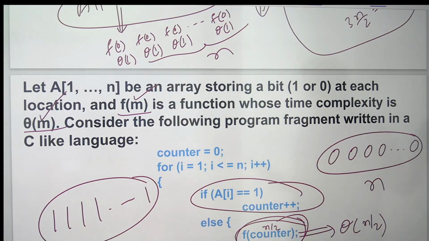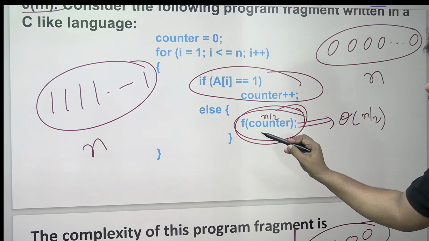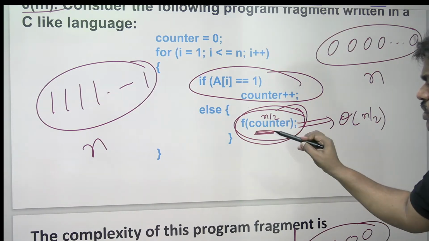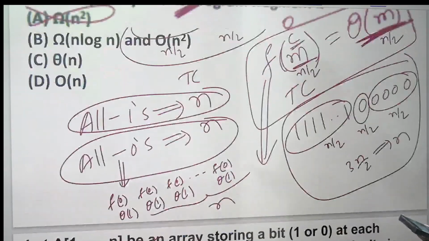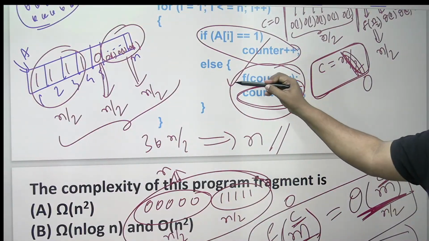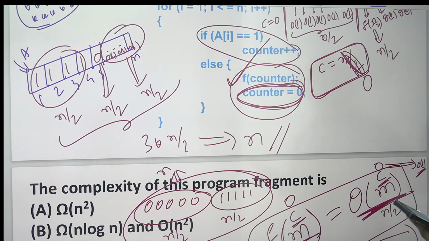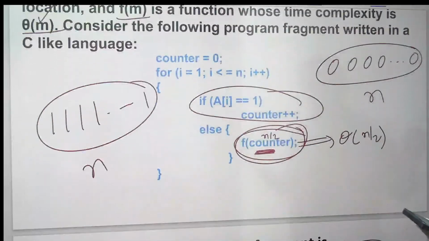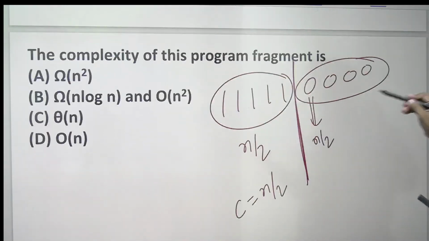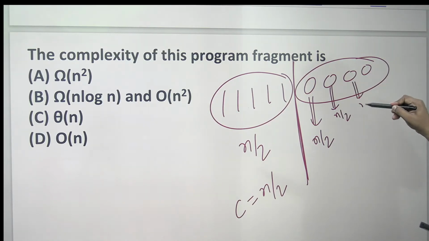One more thing: here counter is equal to 0 is not there. In the previous code, counter is equal to 0 was there. After making this change, it is not there. Because of that, this also becomes n by 2, and this also n by 2.